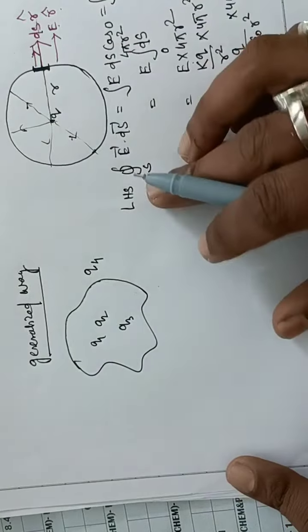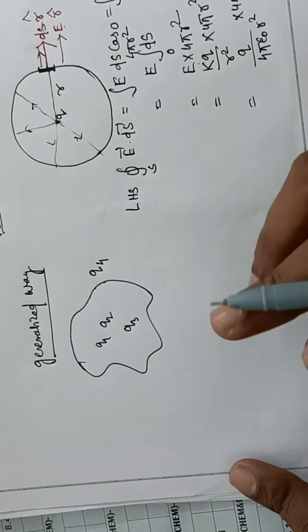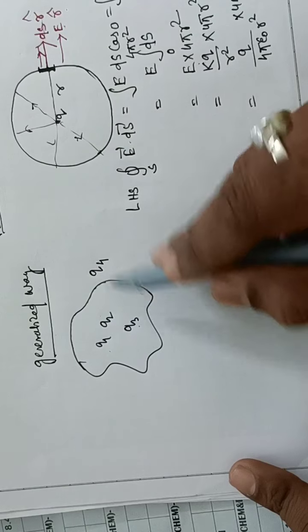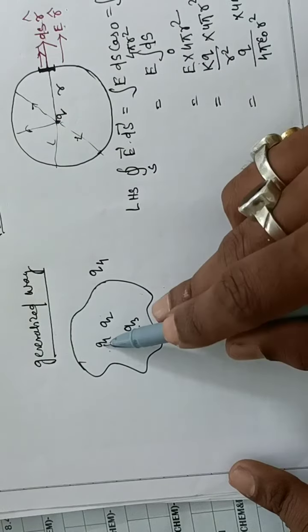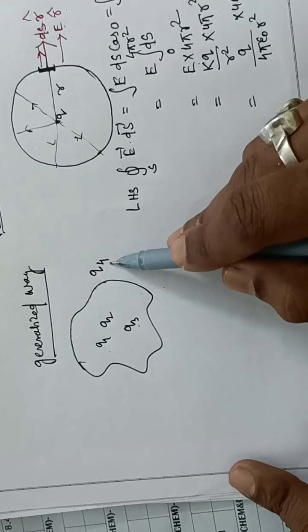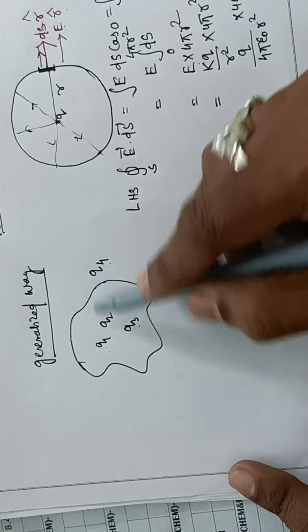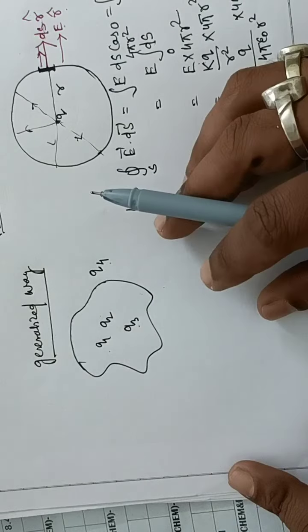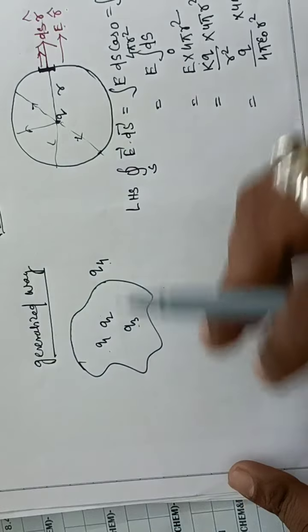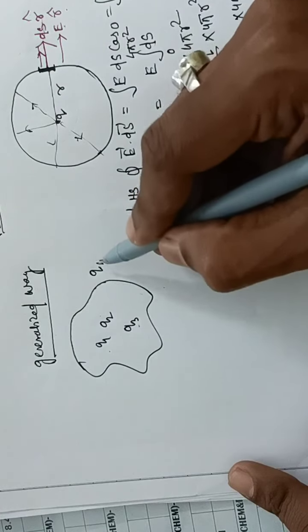The electric field is the total electric field where q1, q2, q3 and q4 are all included, but the flux is only due to these 3 charges rather than the outside charge, because whatever electric field lines enter inward, the same field lines are emitted out of the surface. So inlet and outlet cancel each other. That's why we are not considering the flux of this charge.